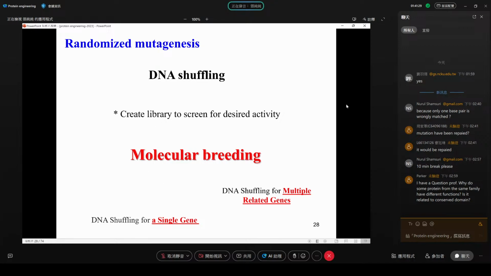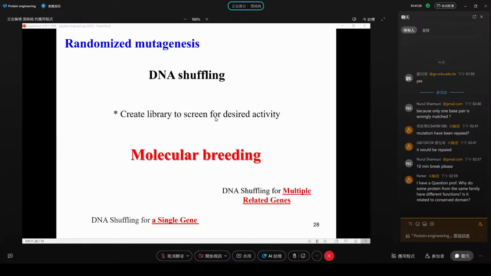Breeding, this term is from very old genetics. We wanted a more efficient way to get milk from the milk cow, so we had to breed from different countries and different species to make very complicated crosses. But molecular breeding is different. We just use different DNA fragments, because we already know this protein can do something good for our purpose.